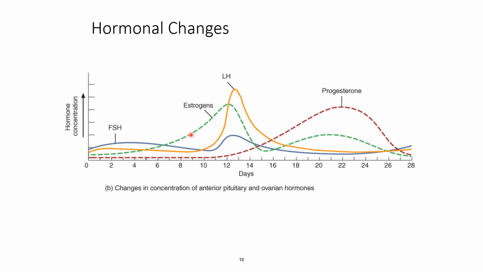And under the stimulating effect of estrogen, the anterior pituitary will be releasing more and more luteinizing hormone, and here you see a huge surge in luteinizing hormone just before ovulation, which falls around day 14 of the female reproductive cycle.